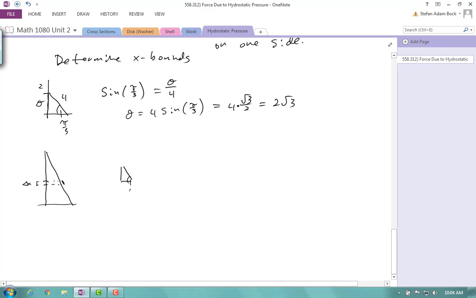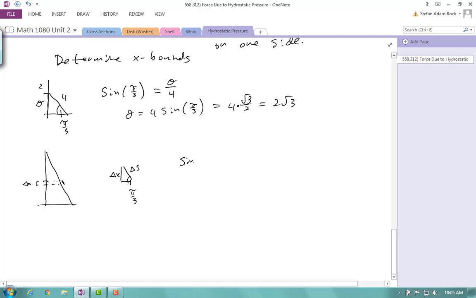Here I have my pi over 3, except on this side I have my delta x. So what I'm looking for is a delta s. This is very, very similar to doing arc length. In fact, if I'm looking for hydrostatic pressure on an object which does not have a flat surface, maybe it's curved, I would have to incorporate arc length or surface area somewhere in my integral.